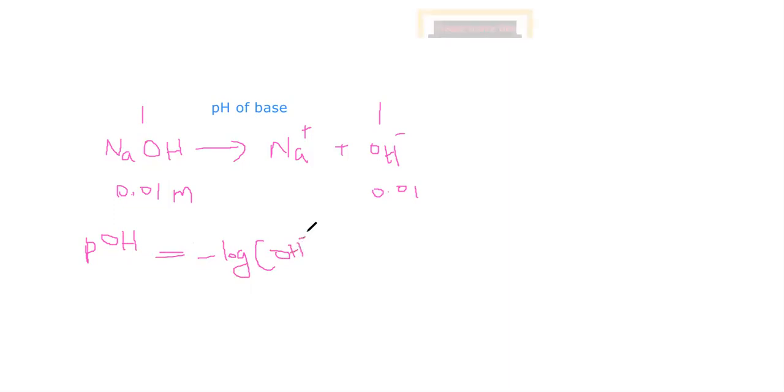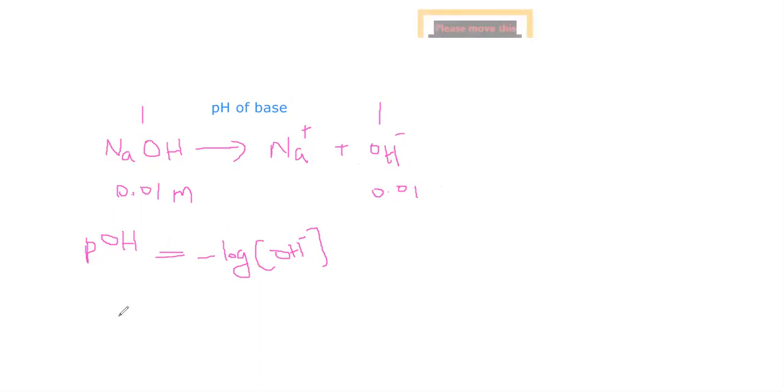So you are just replacing the H with the OH, and that is the same formula as you have used for the acid to calculate the pH. Now you are going to calculate the pOH for the base. Because the base releases the OH ion concentration, that's why this is called the pOH, and for the acid you have to use the pH.